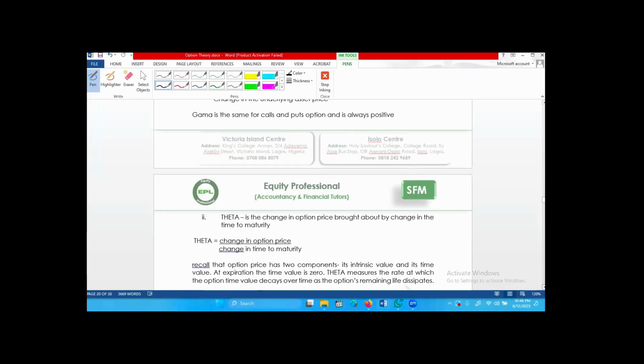Next, we have theta. Theta measures change in option price due to change in time to maturity.